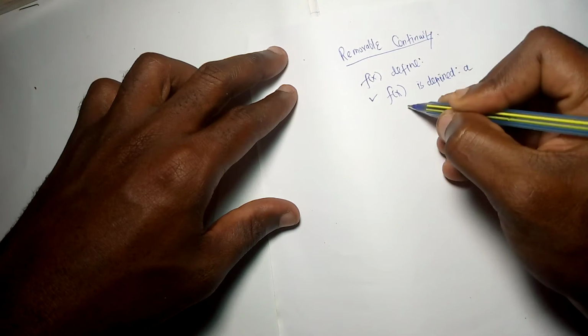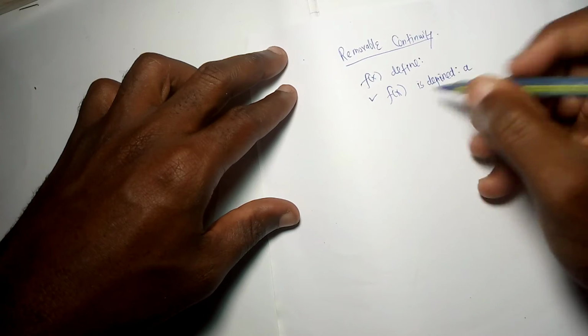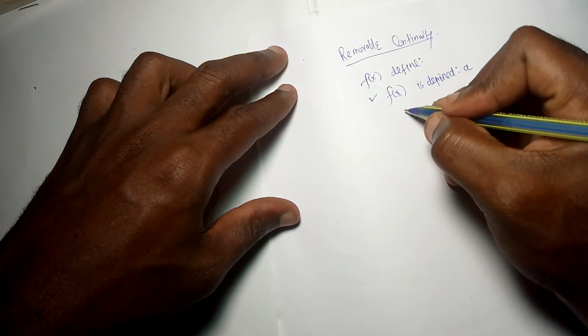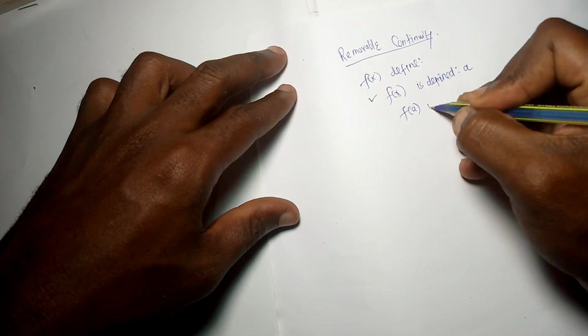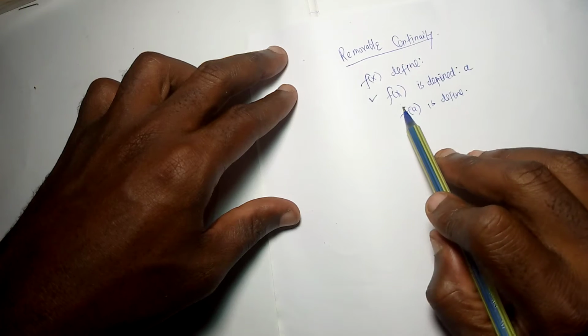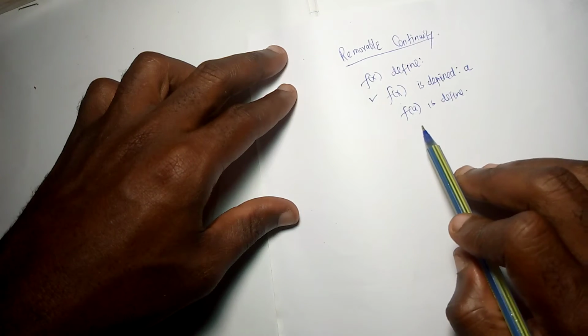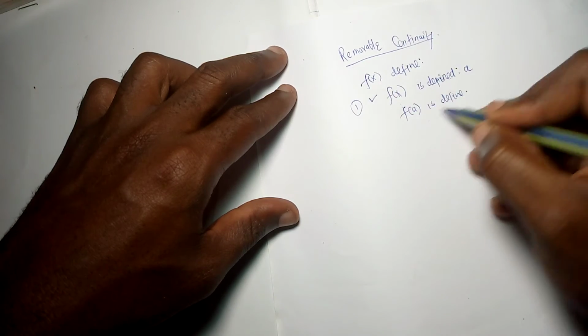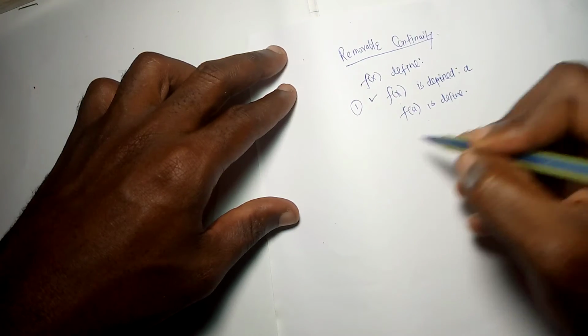Some texts write this as f of a is defined. This means that when the value of x is a, this function is defined.